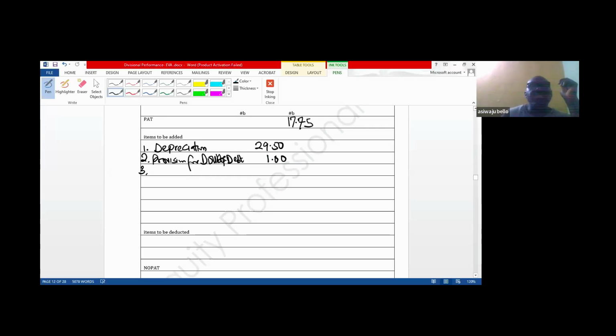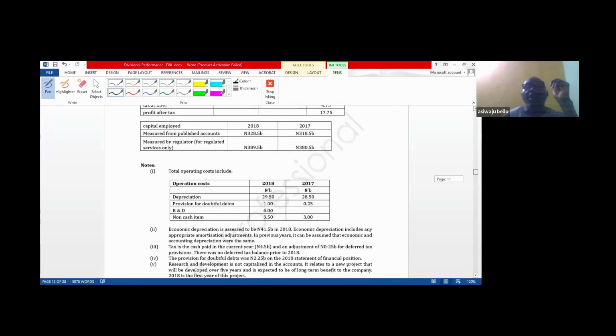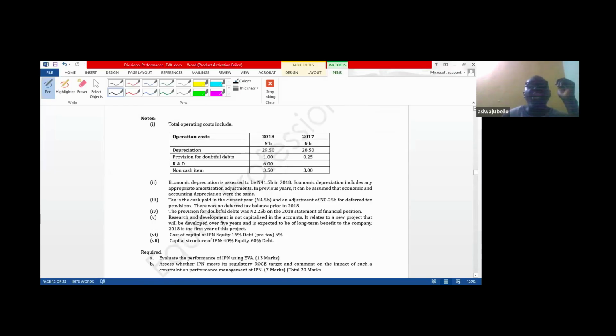Item number 3, research and development cost. Look at the cost incurred in 2018. 6 billion.